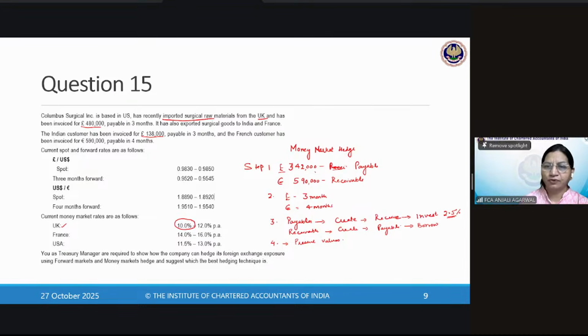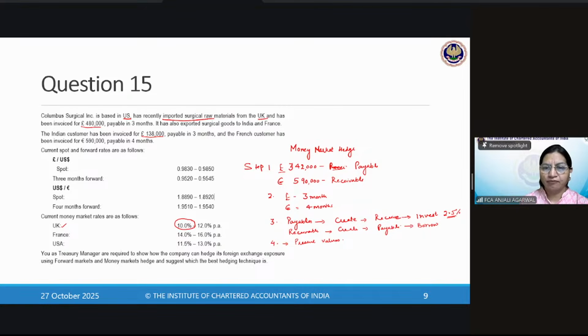So 342 divided by 1.025. Now, if you need these many pounds today, how will you get them? Use the current spot exchange rate to convert using your US dollars. So you will know exactly how much you have to invest today.